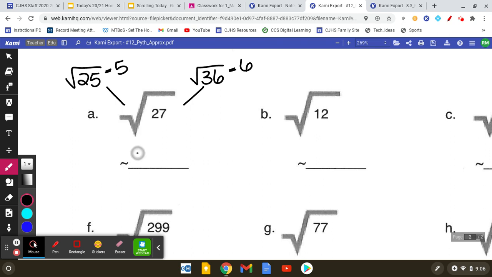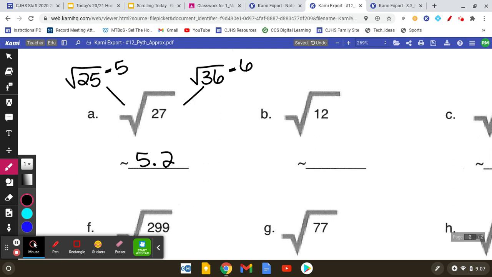So our number is going to be approximately 5 point something. Would we put 5.5? No, 27 is not in the middle of these two numbers. So what do we think? 5.2? Good. I would say 5.1 or 5.2.